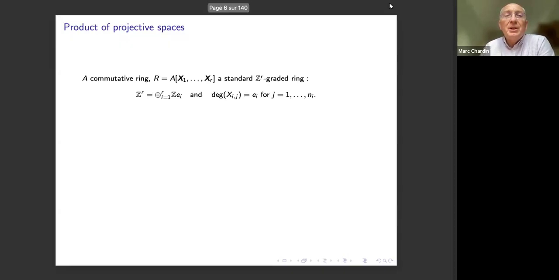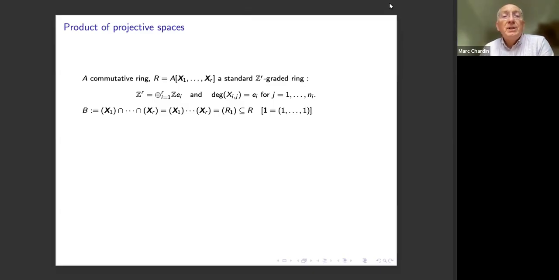So standard Z^r grading means that you have a collection of variables, each one has a number of variables, let's call it n_i, and you have r collections, and the degree of each set is one of the canonical generators of Z^r. Okay, that's the standard multigrading.